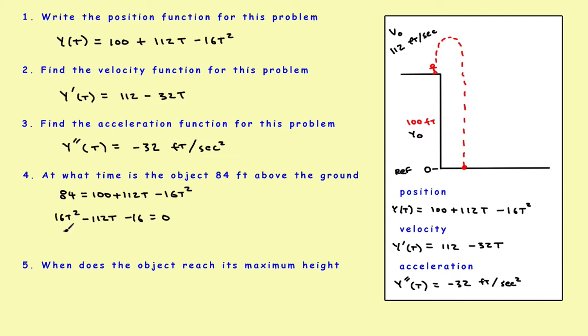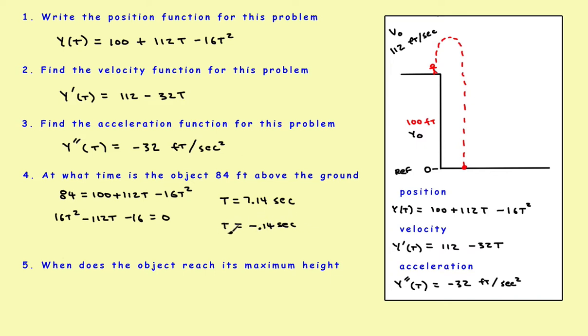So if you go to your calculator and use the quadratic formula or the quadratic solver in your calculator, you'll actually get two answers. And those two answers will be this. Either t is equal to 7.14 seconds, or t is equal to minus 0.14 seconds. So in this case, you actually get two answers.